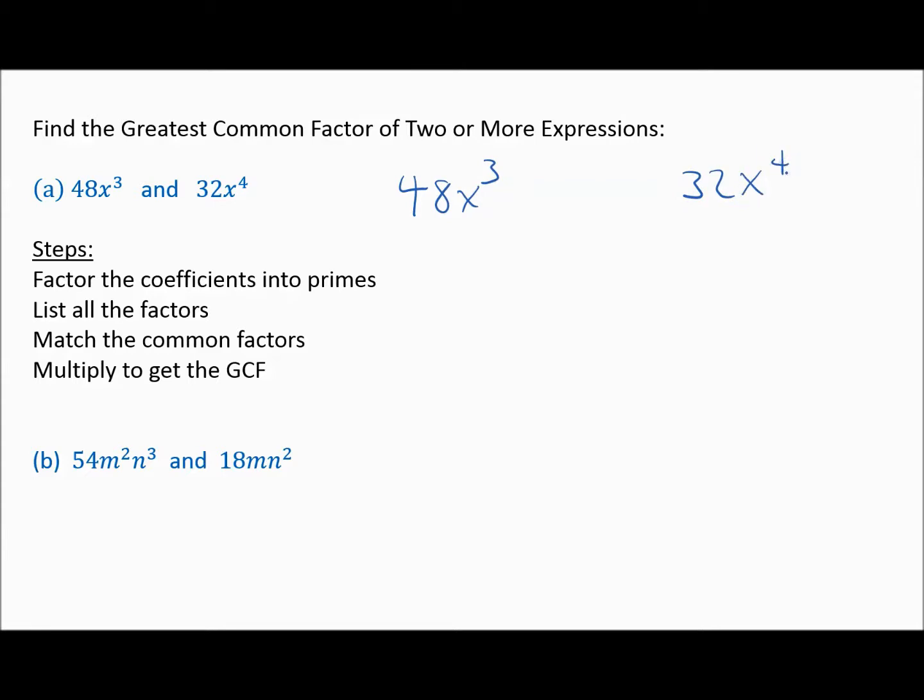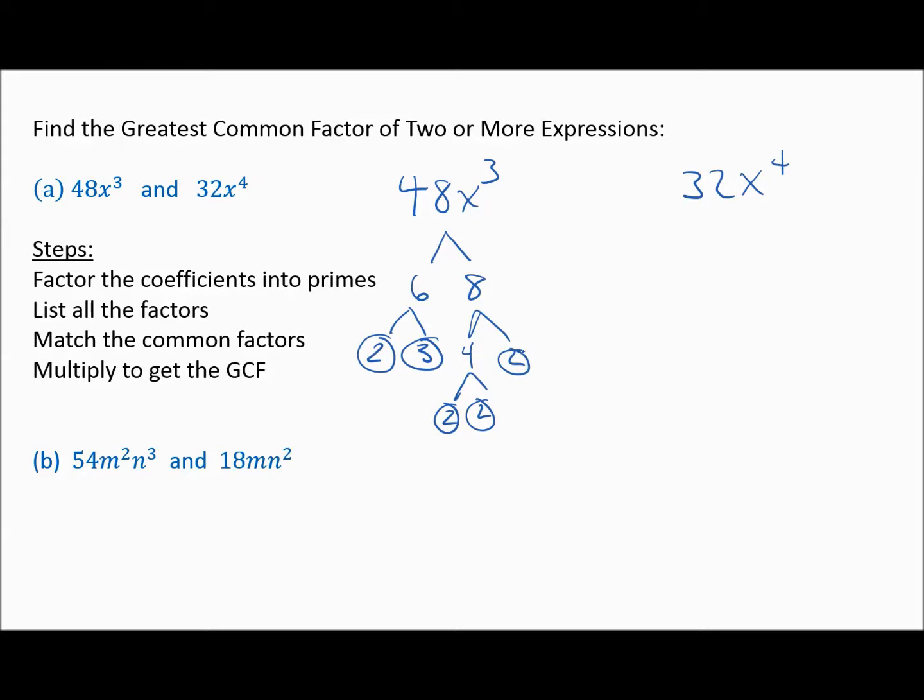So I'm going to write this as 48x to the third versus 32x to the fourth, and I'm going to use factor trees. I'm going to break down 48 into, let's use 6 times 8, or anything else that multiplies to give you 48 will work. 6 will also break down into 2 times 3. 2 is prime. It will not break down anymore except 2 times 1, and that's not really breaking it down, right? 3 is the same thing, it's prime, but 8 is not prime. 8 can be factored again into 4 times 2, and then 4 factors into 2 times 2, and these are the end of the branches.